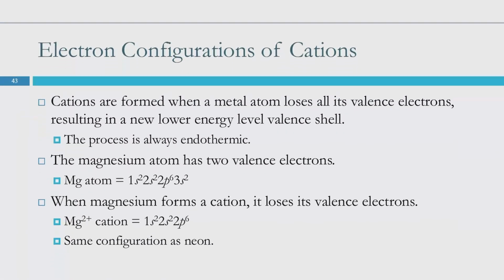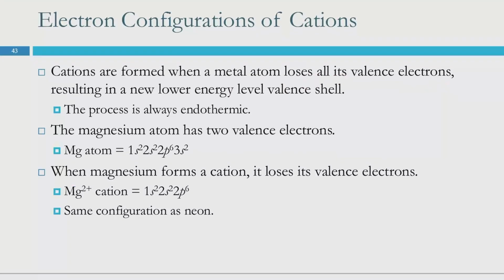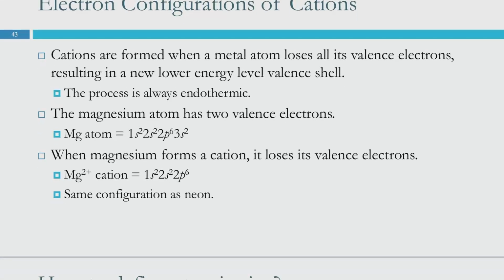For our cations, the cations are formed when the metal atom loses all of its valence electrons, 1, 2, or 3, and this results in a lower energy level valence shell. You've got to put energy in to knock those electrons off.